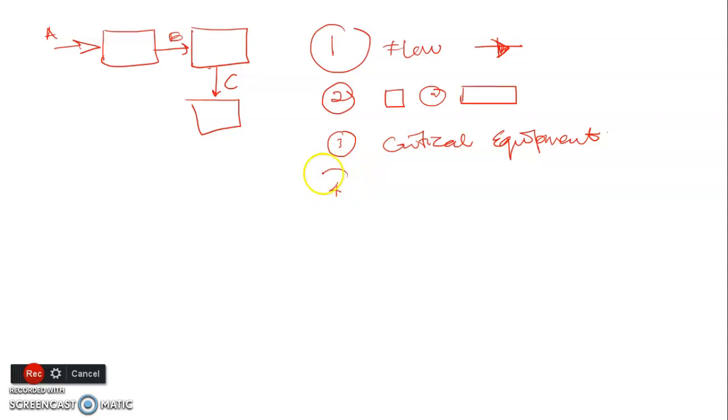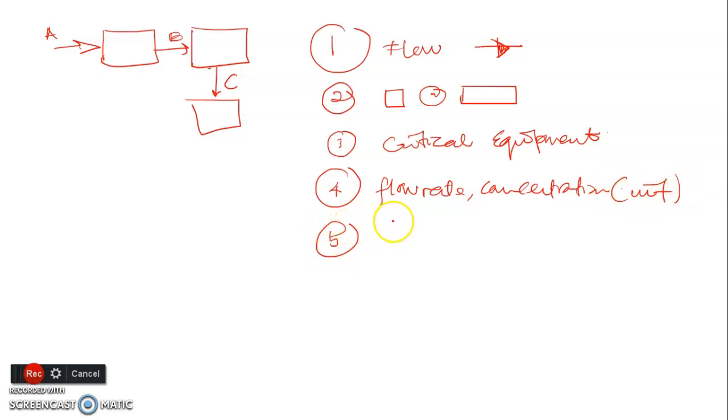Nombor 4, kalau ada flow rate, concentration, kalau in your question is given the flow rate, concentration are given, then you should put the value and unit. Jangan lupa.